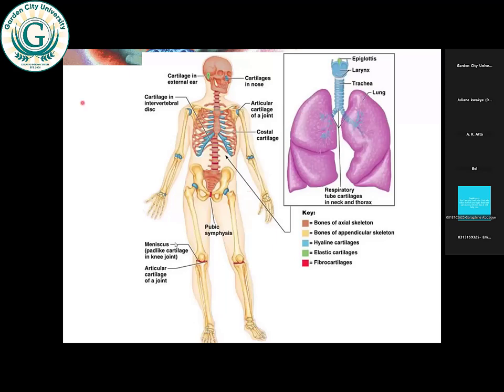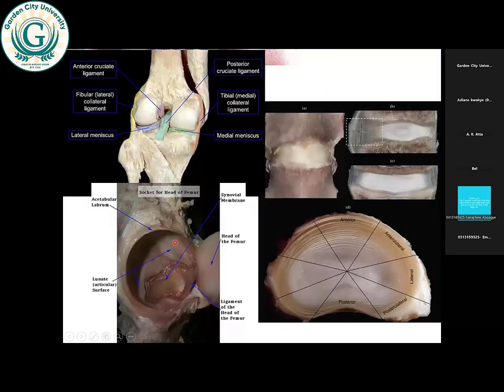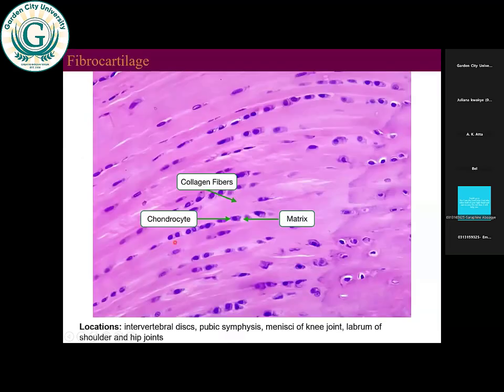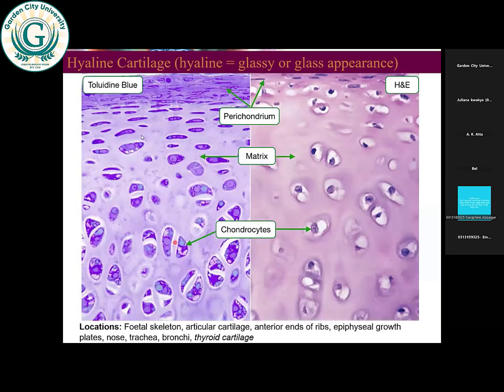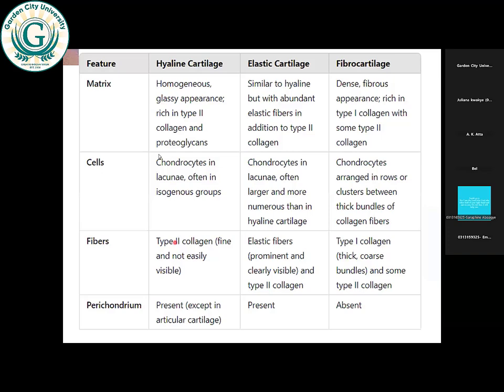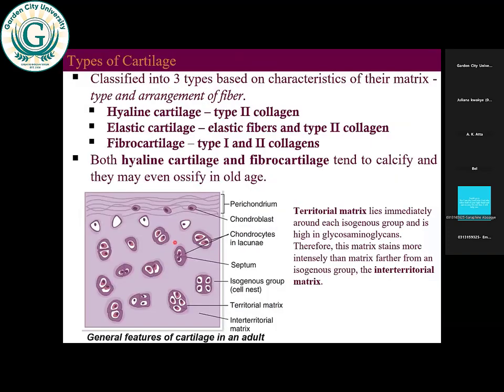So I am saying that just the few points I want you to know with cartilages are: one, you should know the types of cartilages. There is hyaline cartilage, there is elastic cartilage, there is fibrocartilage. And you should know where we can find them in the body. Two, they are all made up of type 2 collagen fibers.